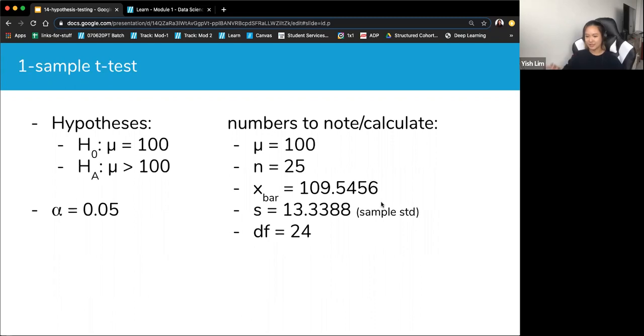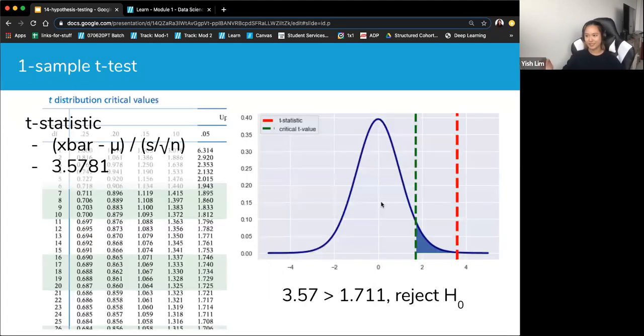With all of this set up, next we're going to see the t-statistic. I needed to find a better way to display this information. But the t-statistic is calculated very similarly to our z-statistic. We take x bar minus mu, the difference between the sample mean and the population mean, divided by the sample standard deviation divided by the square root of n.